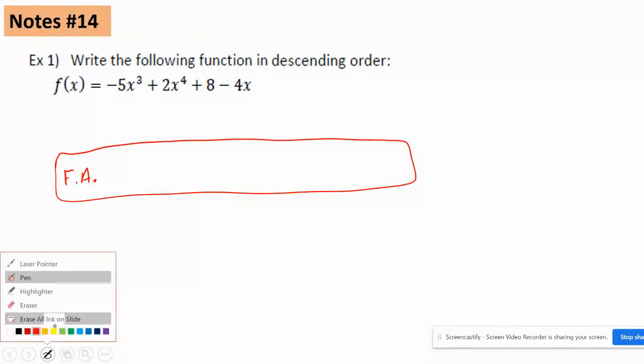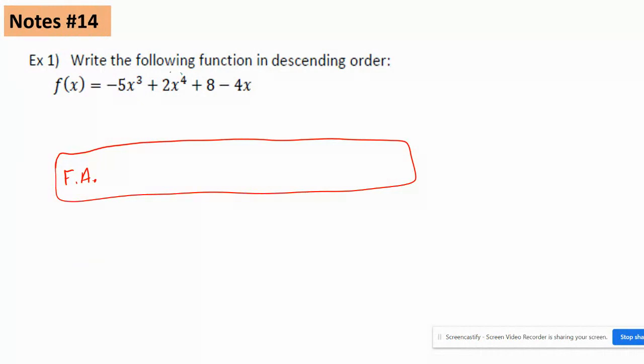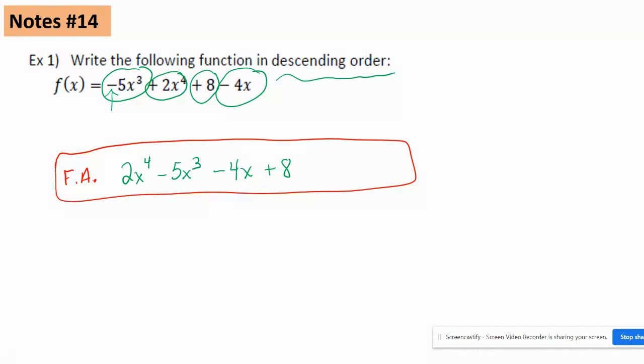Okay, so for descending order, you should have written this term first, so 2x to the fourth, then the negative 5x to the third. Make sure you bring the negative sign with it, that's right here, right? And then the negative 4x, and then just the number. Okay, so that's descending order, standard form.